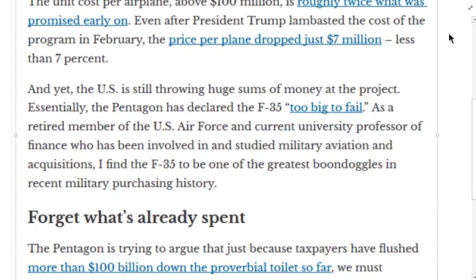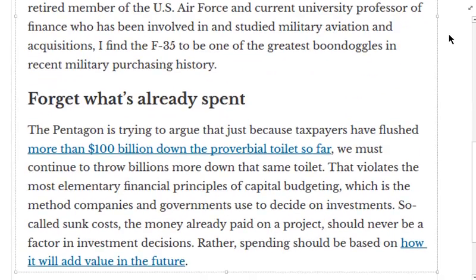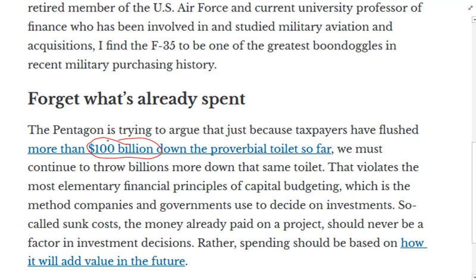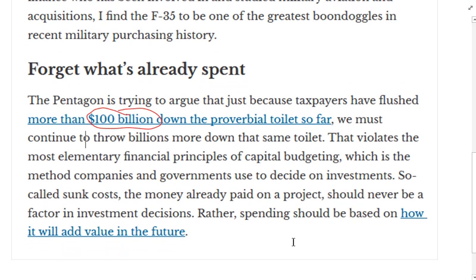I believe they spent $100 billion. So some politicians say, well, we've spent so much already, we have to keep going. Now that doesn't make any sense at all, because what they've spent is gone, whether they keep going or stop.